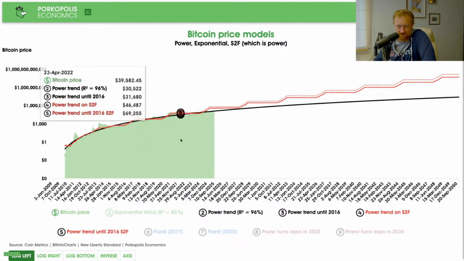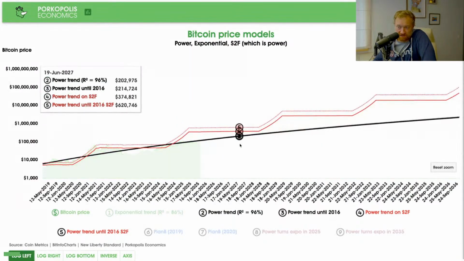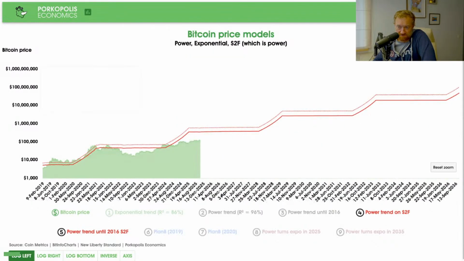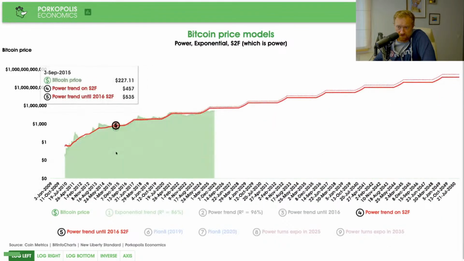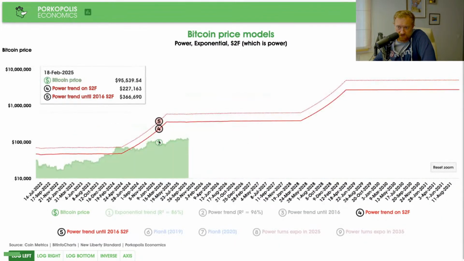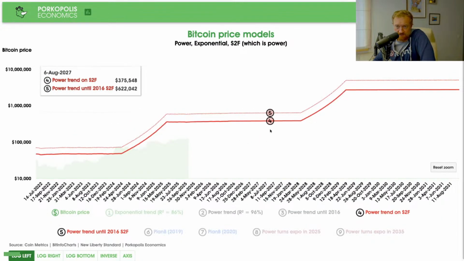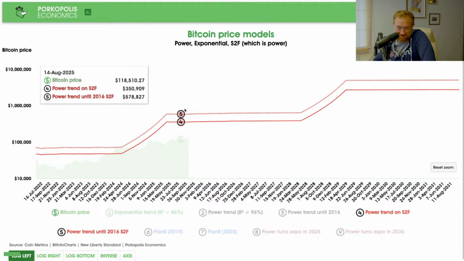No gold, silver, exponential coefficients, which is insane to use in a power model. You still get variances based on 2016. So if you go back to 2016 and you ran a stock to flow power trend on a stock to flow ratio, which doesn't really make any sense. As I've said, it's not scale invariant.